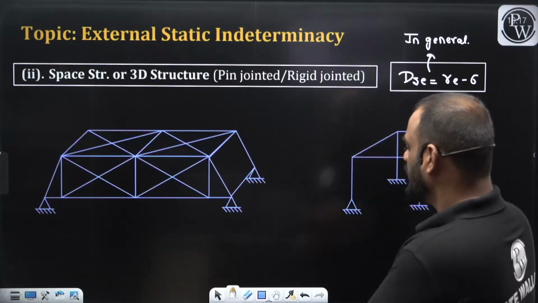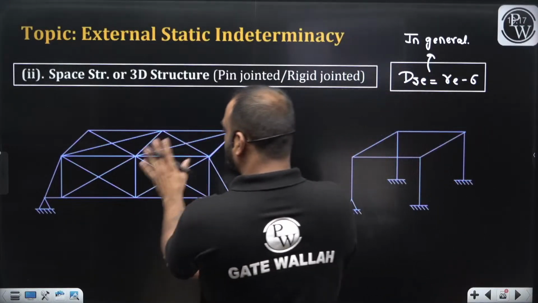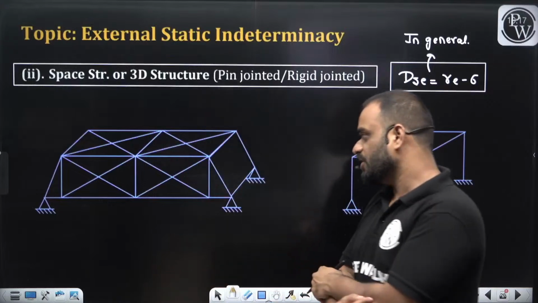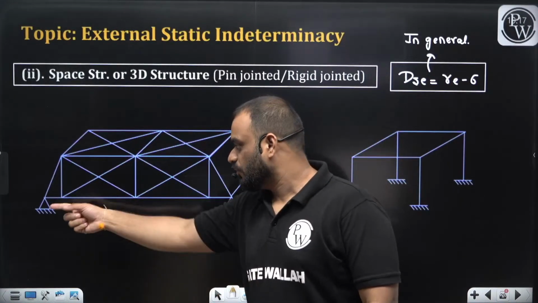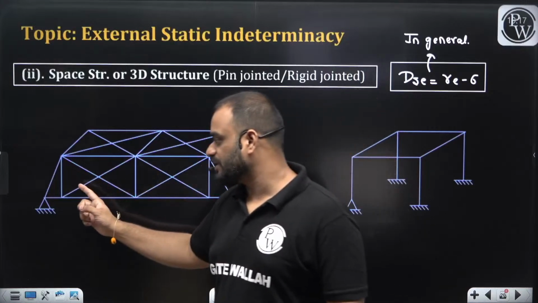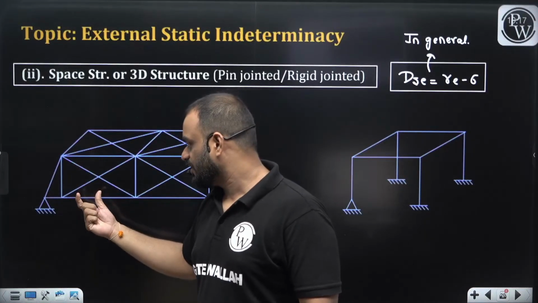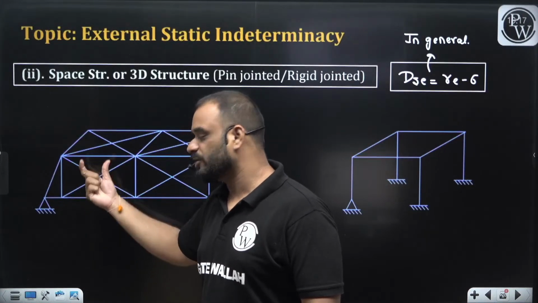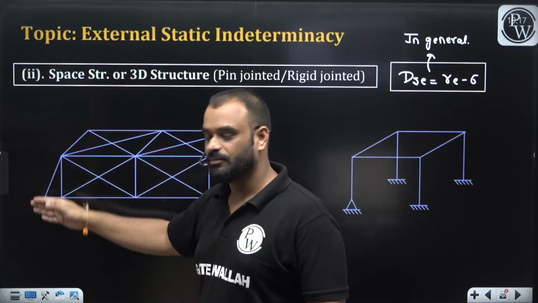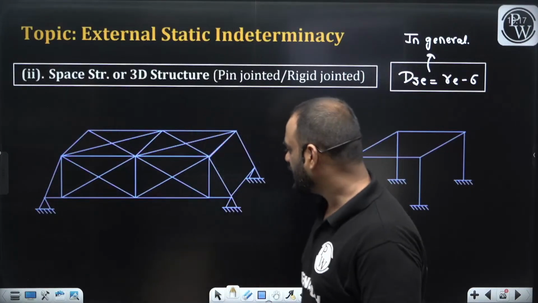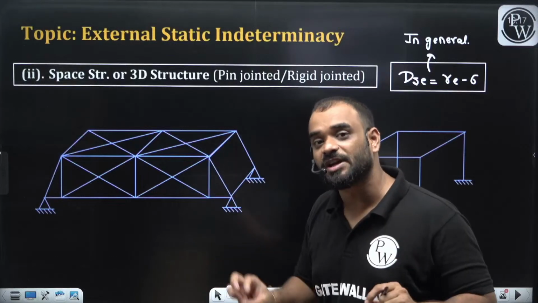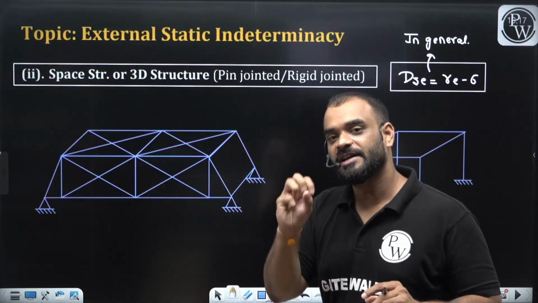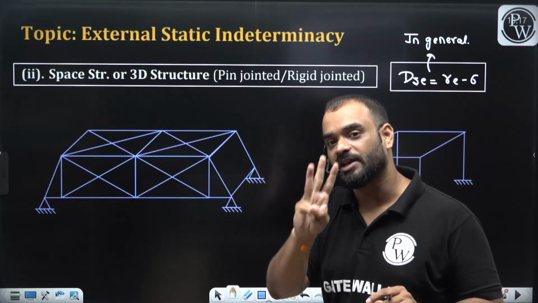Now tell me, guys, if this is a truss, which is a 3D truss, and you have basically 4 pin supports or 4 hinge supports. 1, 2, 3, and one of the supports is there, which we are not able to see right now, but it is present beyond this point. So guys, how many supports do we have? 4 supports. And each and every pin support or hinge support in case of 3D will develop 3 external support reactions.